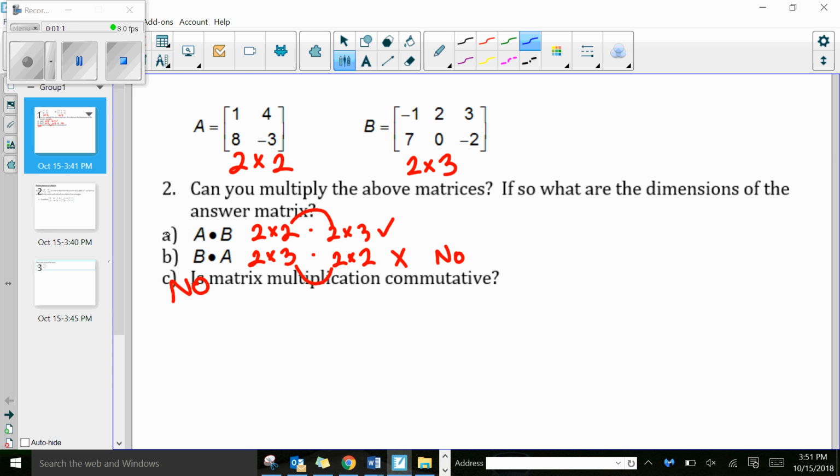Okay, so let's get a little bit deeper with how to multiply. I think it works best if we go ahead and line up the two matrices. So this is something you should put in your own notes.